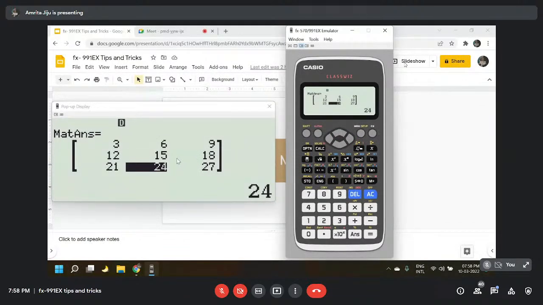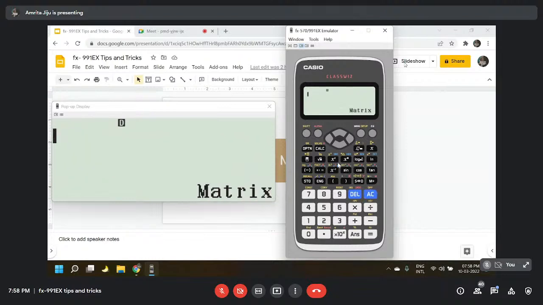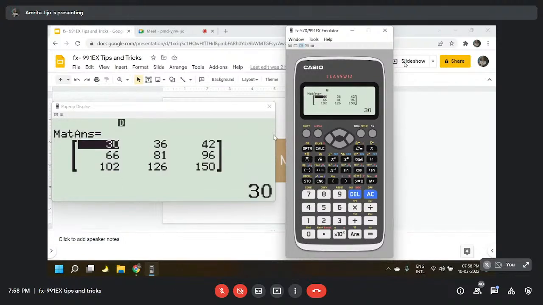I showed you how to add, subtract, multiply, and take the transpose, adjoint, and multiplication with a constant number. You can also take the square of the matrix: just go shift option, take a square, and you get the square of the matrix. So yeah, that's it.